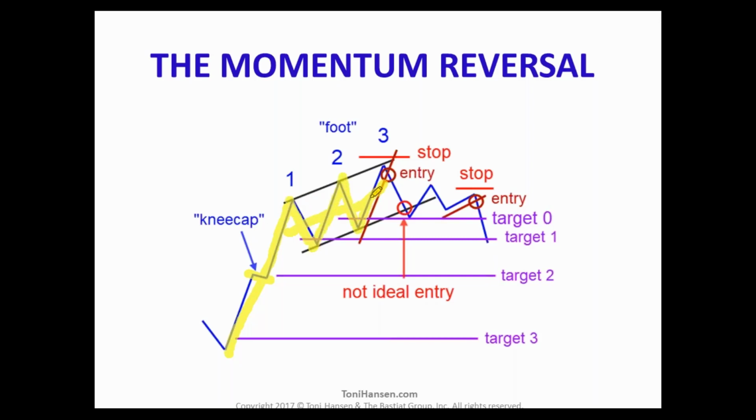So momentum as a whole on these smaller little moves isn't really showing a shift. It's the shift in the entire foot compared to the leg that matters in this strategy. And sometimes you'll see momentum slowing as it's going into the third high, but that's not necessary for this to work really well.